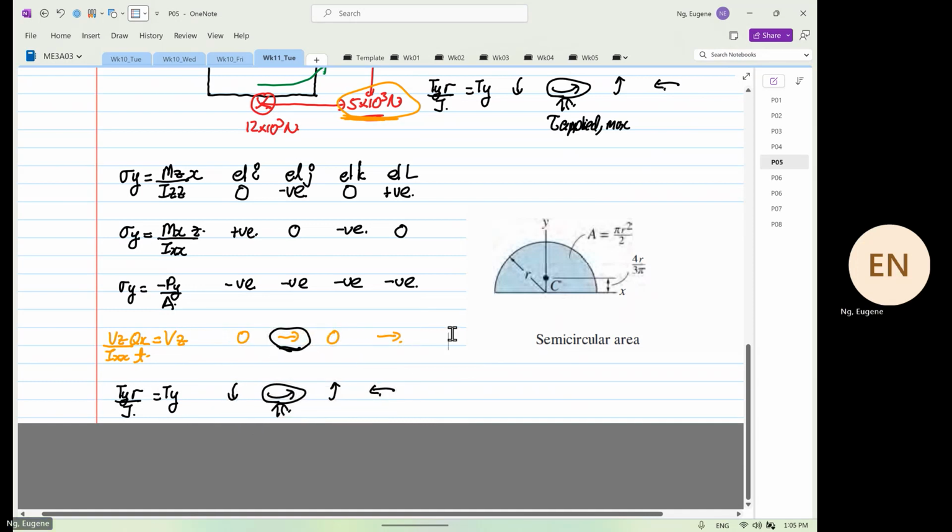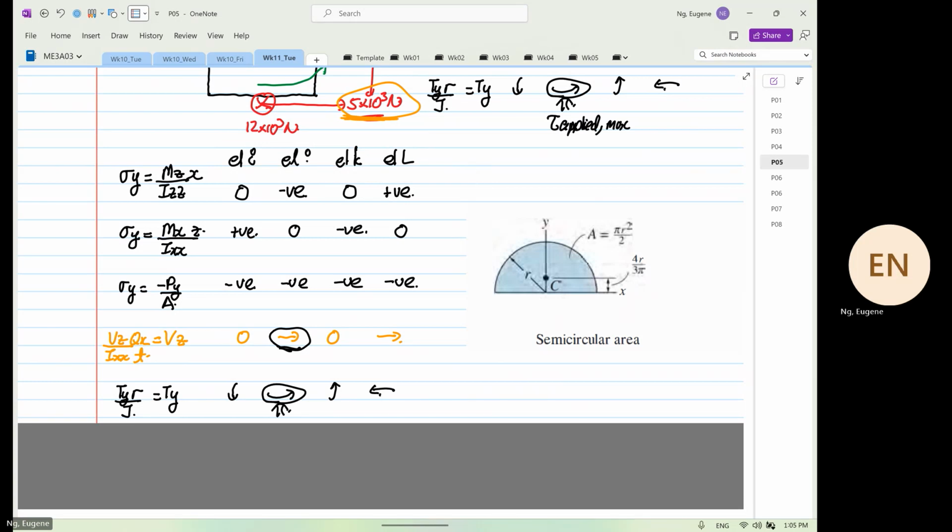Okay. These are the summary of our data. Okay. Now, is there a very obvious one based on normal stress? The answer is no. Right?